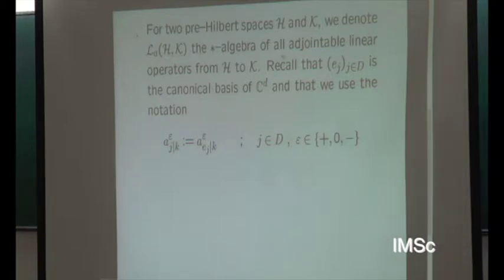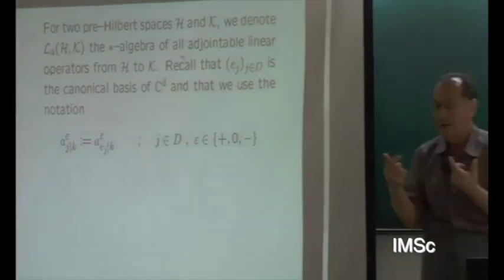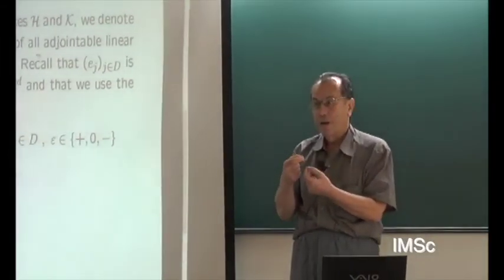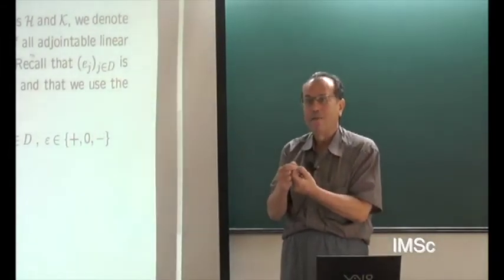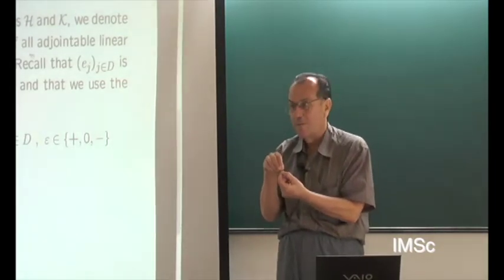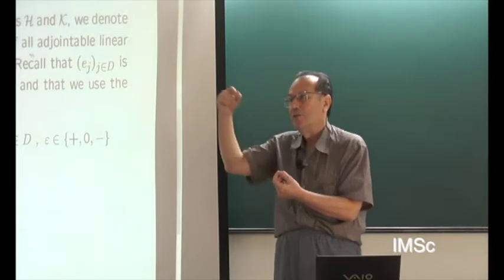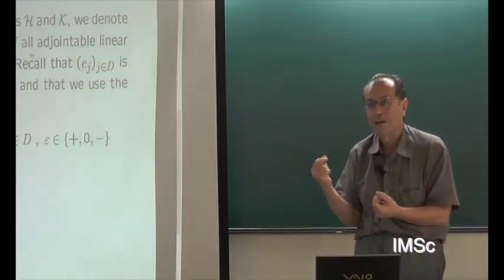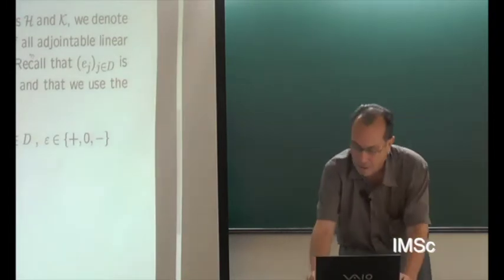There are some conditions, even in finite dimensional spaces, because at pre-Hilbert space level, we need an operator to be well defined. It must map the zero norm vectors of one space to the zero norm vectors of the other space. This is the compatibility condition for the existence of the adjoint.